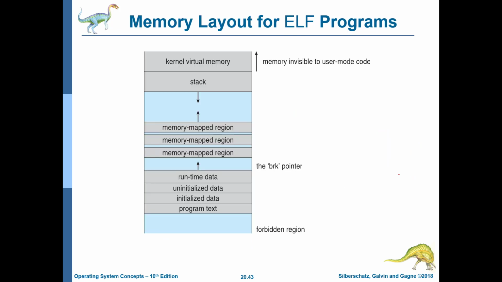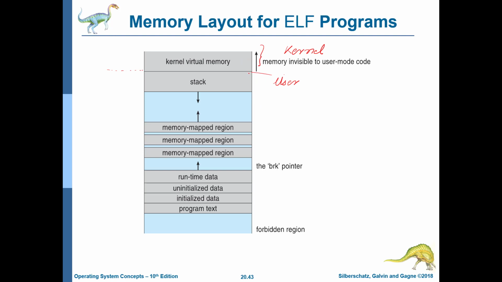The typical layout for an ELF program in virtual memory would look like this. First note the separation between the user space and the kernel space. This is the user space and this is the kernel space. This part of the virtual address space is invisible to the user code.